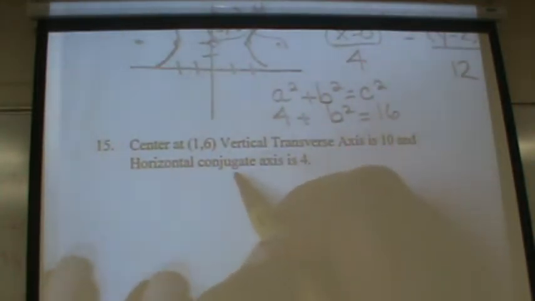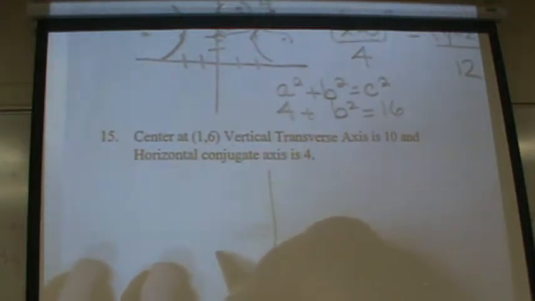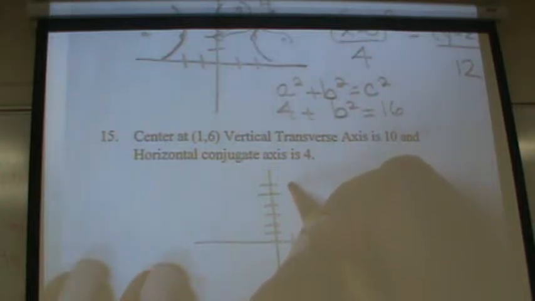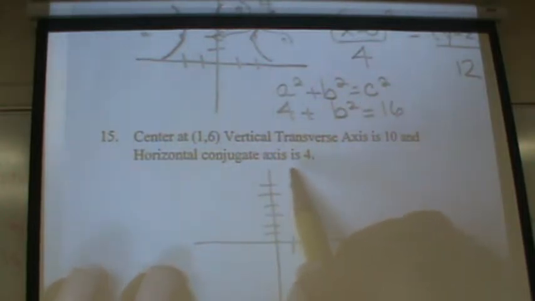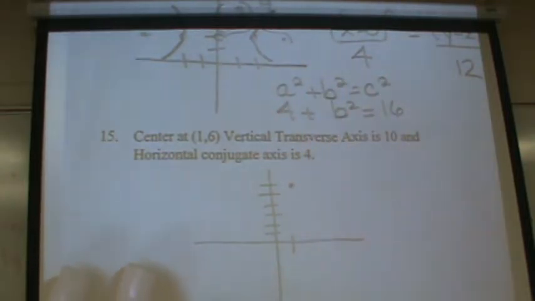Number 15. Your center is at 1, 6. Where's 1, 6 at? 1, 2, 3, 4, 5. 1, 6 is your center. This is saying we have a vertical transverse axis.